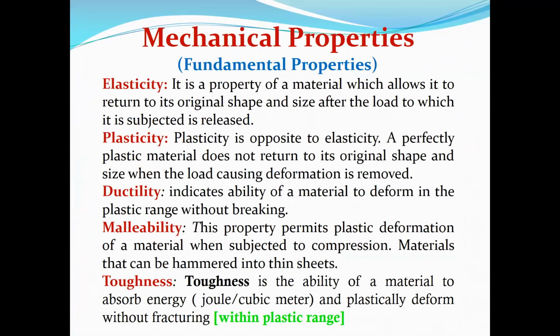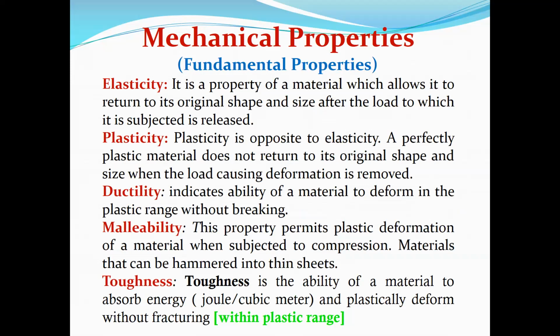I said that I'll be talking about mechanical properties, and out of these properties, as you can see on the slide, elasticity, plasticity, and ductility, we'll be discussing in detail when we learn steel. At that time we'll see more details about these properties.